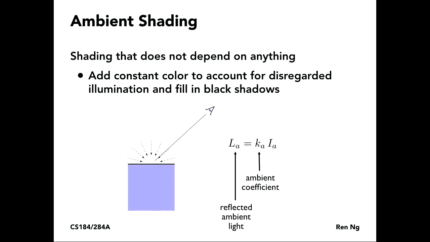Is there any logic to how you pick the term P? Very good question. How do you pick this P term? The answer is, it's a phenomenological model, which is to say, you just want it to look a particular way. So you tune P until it looks how shiny you want it. That's basically how you did it, and how you would do it too. Your question is a very good one, because you could say, let's say I want to replicate a real material.